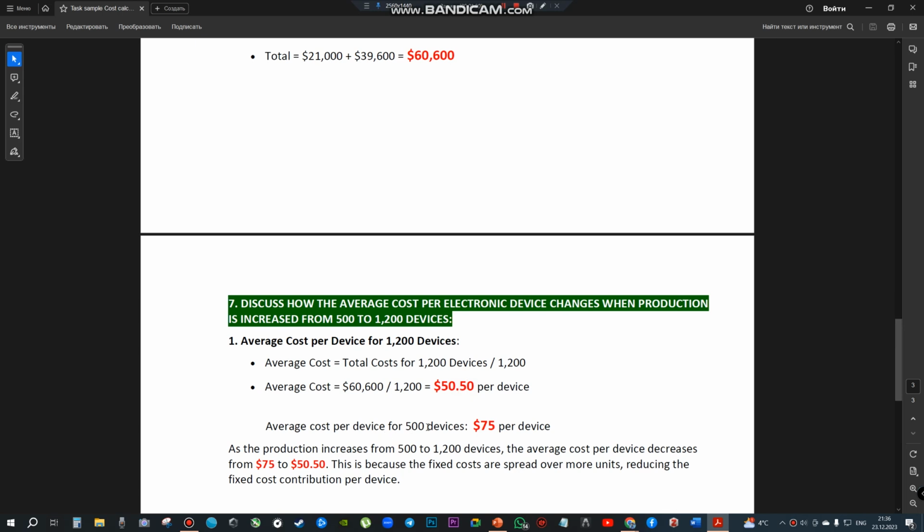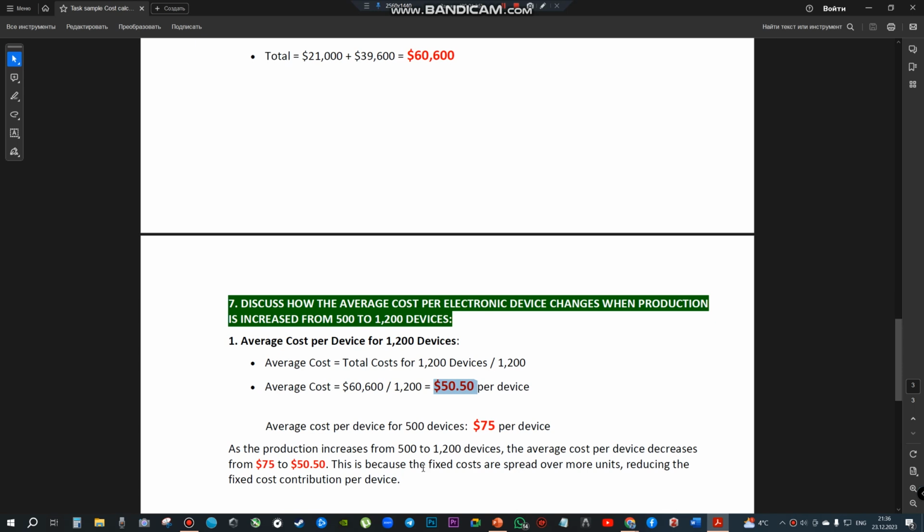So what can we see right here? We already know that the average cost per device when a company produces 500 devices is $75 per one device. If it produces 1,200 devices, it's going to be roughly $25 less. Why? Because as production increases, the average cost per device decreases.